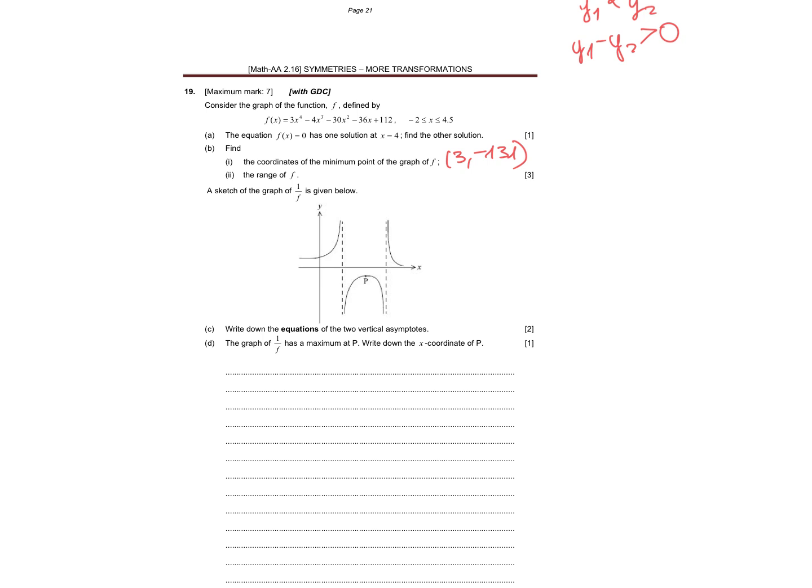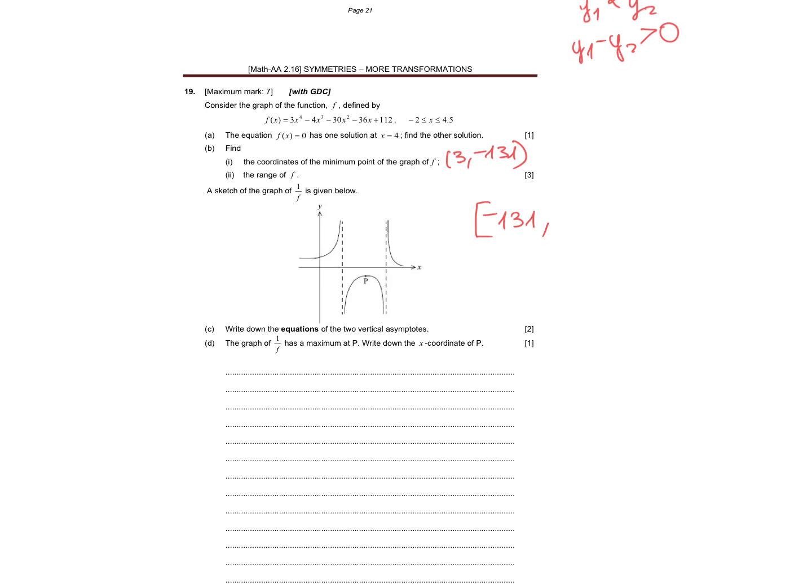And then the range, so we need the lowest it goes on that interval from negative 2 to 4.5 is negative 131. And you need to find out how high up it goes for negative 2 and 4.5.